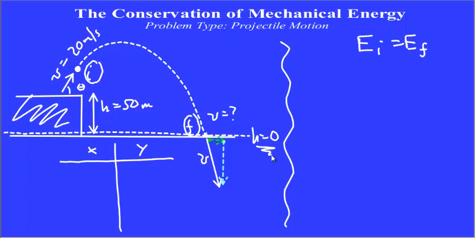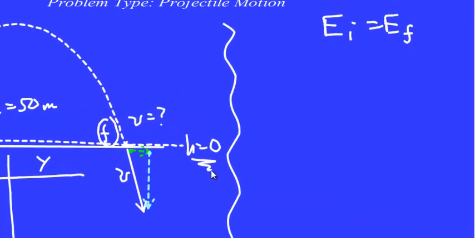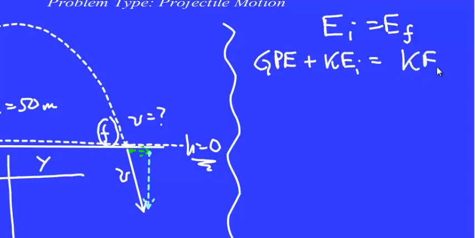If I look at my object, the rock or the ball, it's going to have GPE at the beginning, because it's being launched from a height, and it's being launched with some initial velocity, so it also has kinetic energy. But at the end, since it can't fall any lower, all it has is kinetic energy.